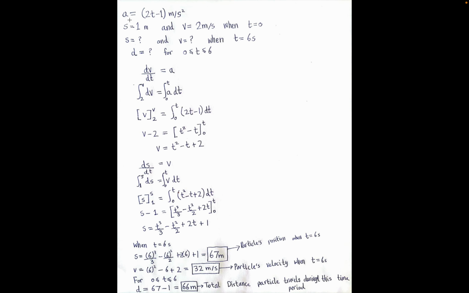So first we write out the points which are already given in the question. We are given the acceleration equation and then the displacement and velocity when t = 0, and there are three things we have to find: displacement and velocity when t = 6, and the total distance traveled between 0 and 6 seconds.